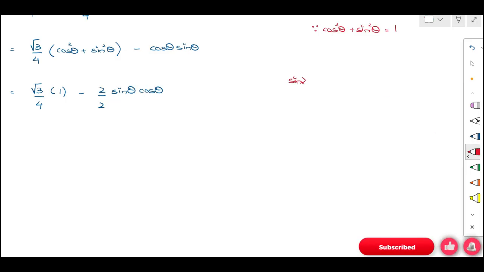Sine 2 theta is equal to 2 sine theta cos theta. 2 sine theta cos theta, sine 2 theta, right? So this is equal to 1 by 4 square root of 3 minus 1 by 2 sine 2 theta. That is my right hand side.